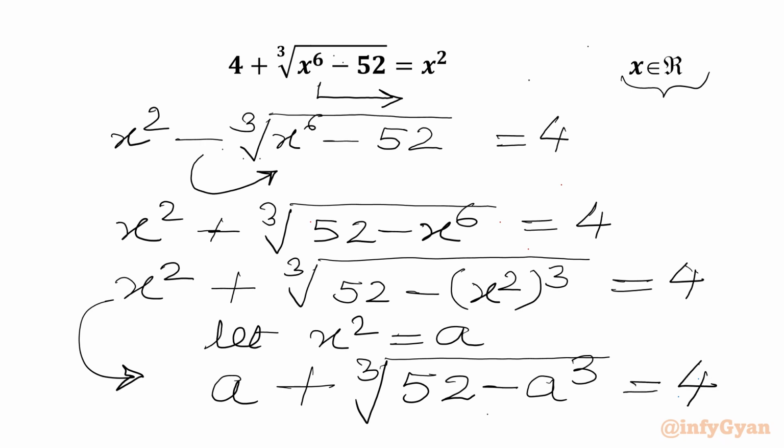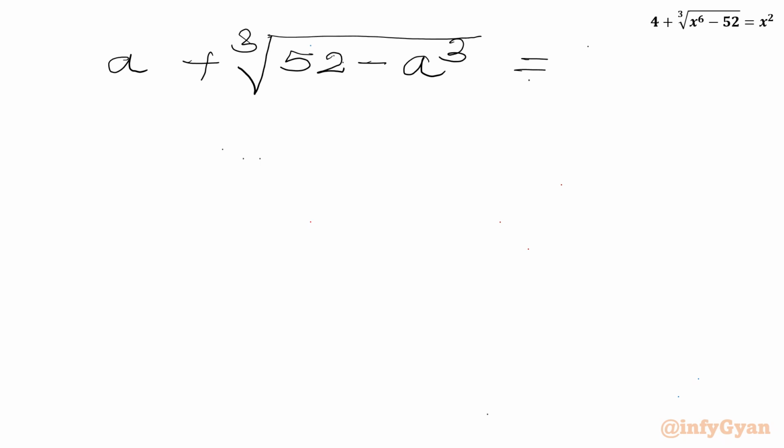Now I will consider our substitution once again. Let me write here a plus cube root of 52 minus a cube equal to 4. Let's say this radicand equal to b cube.